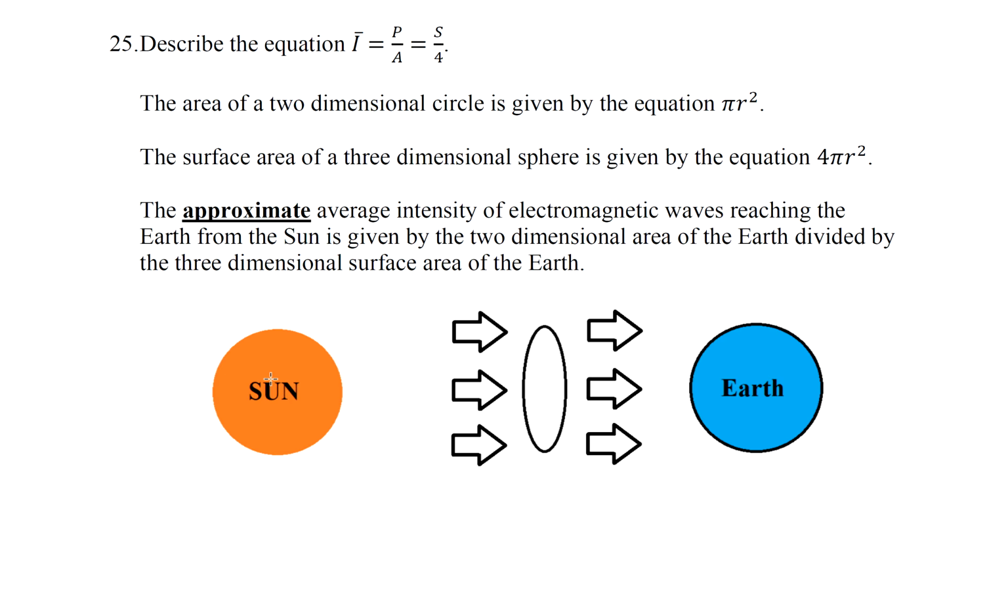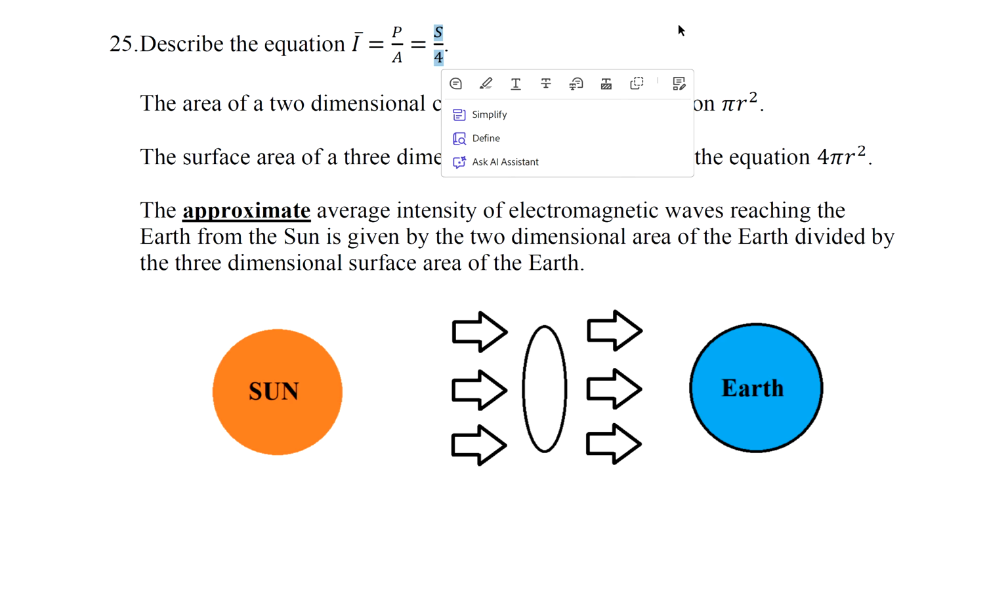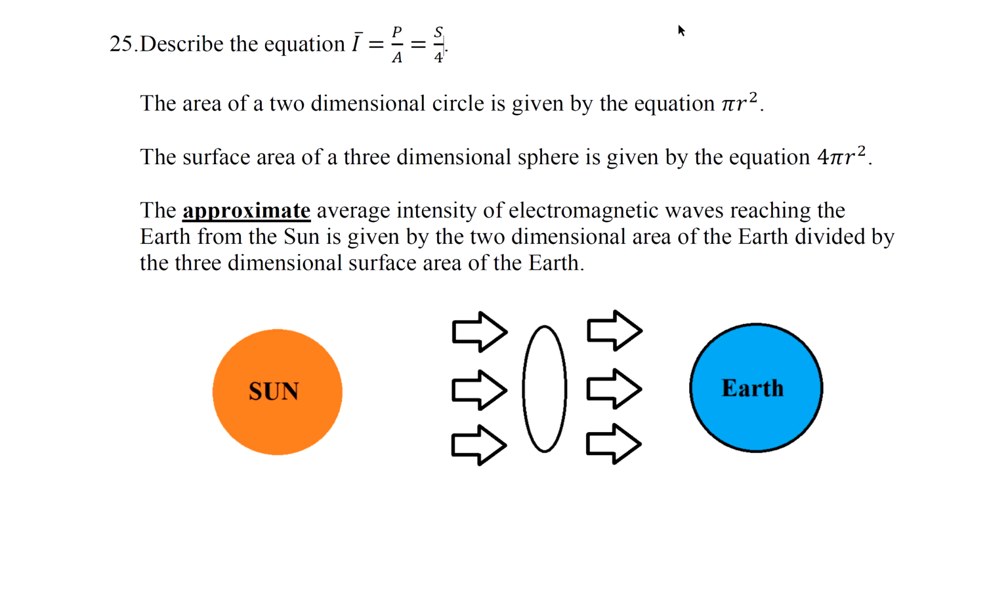So if the sun emits electromagnetic waves, the amount of waves that pass this two-dimensional circle is pi r squared. Then we have to average that out over the whole Earth, which has a surface area of 4 pi r squared. So pi r squared divided by 4 pi r squared is equal to 1 over 4, or the solar constant over 4.